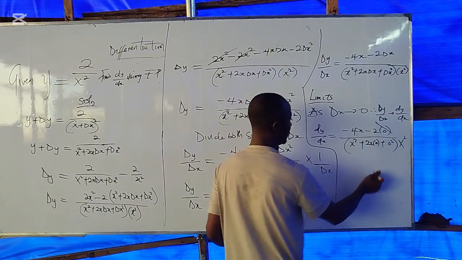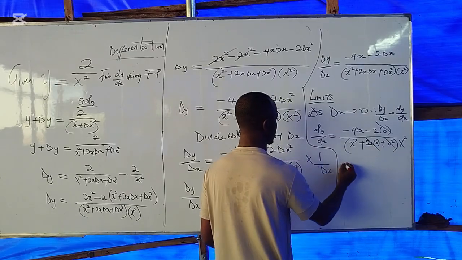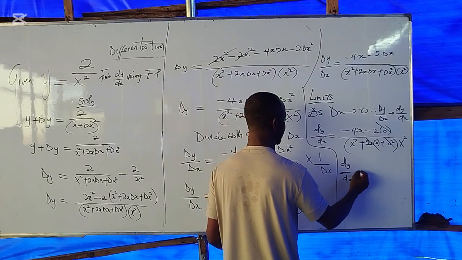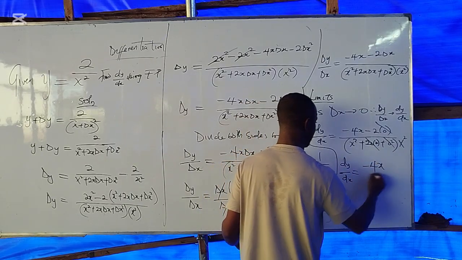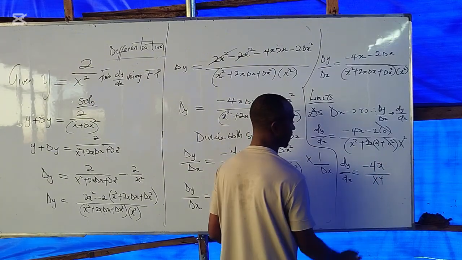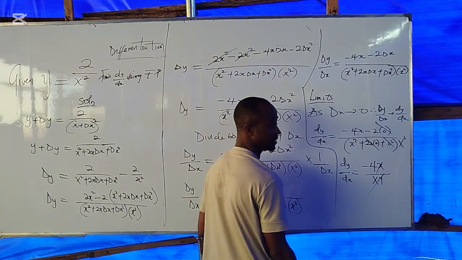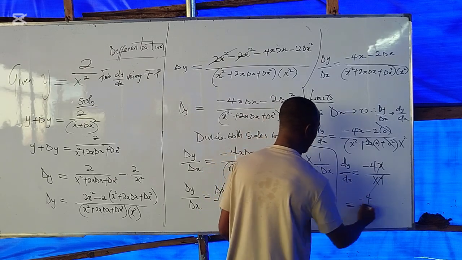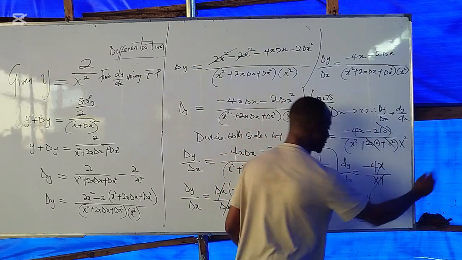So this is off, this is off, this is off. So what do you have here? dy dx becomes minus 4x over x squared times x squared, which is x raised to power 4. Can one x cancel one x from here? That becomes minus 4 over x cubed. Final answer.